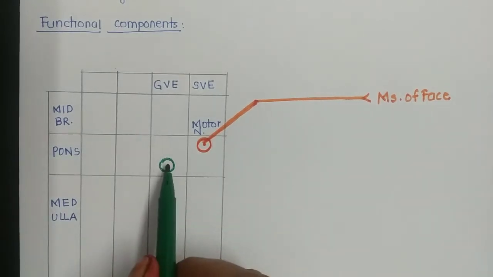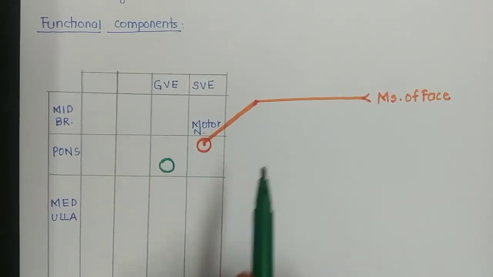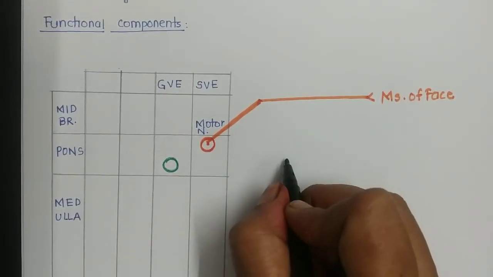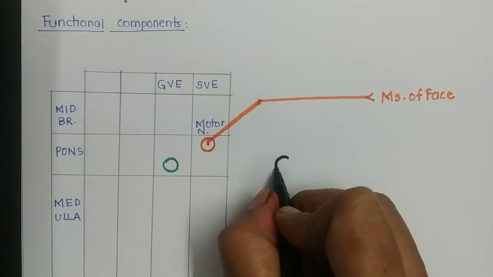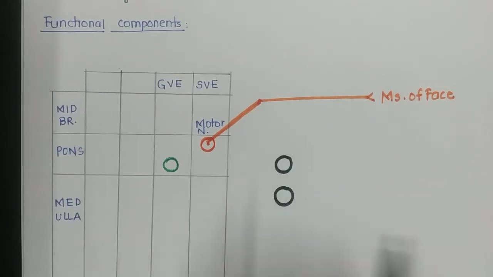Now the fibers arising from the superior salivatory nucleus, they go and they relay in the submandibular ganglion. So there are two ganglions over here, that is the submandibular ganglion and the pterygopalatine ganglion.